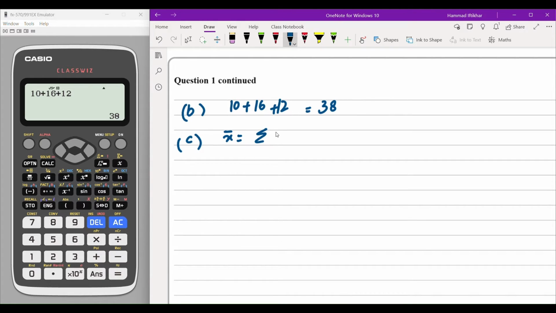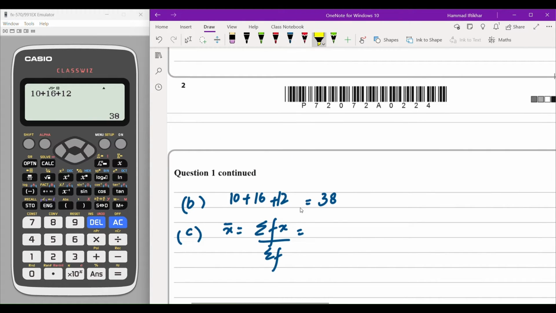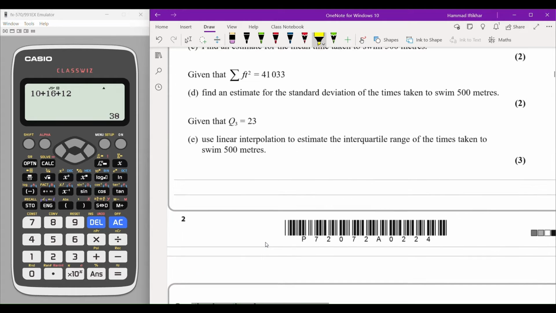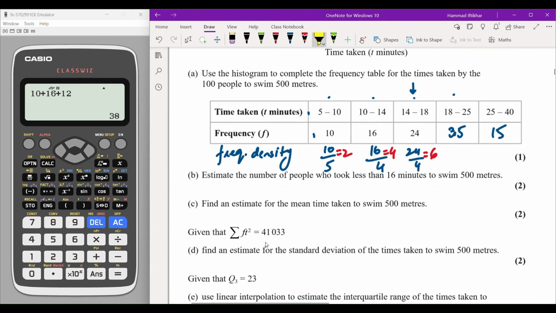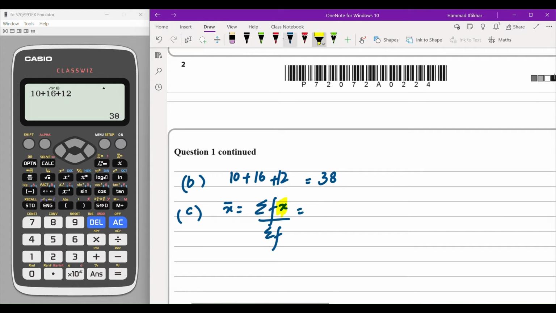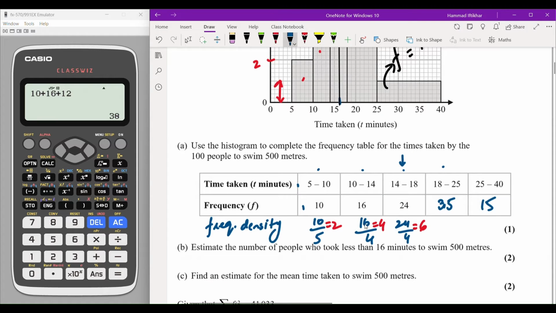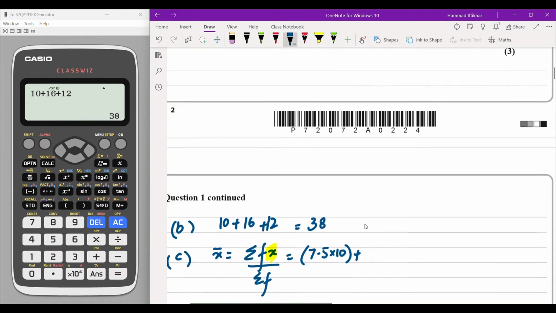We will have sum of frequency times x divided by sum of all frequencies. But these x values represent the mid points of these class intervals. So 7.5 times 10. Okay. Then we have 12 and 16.